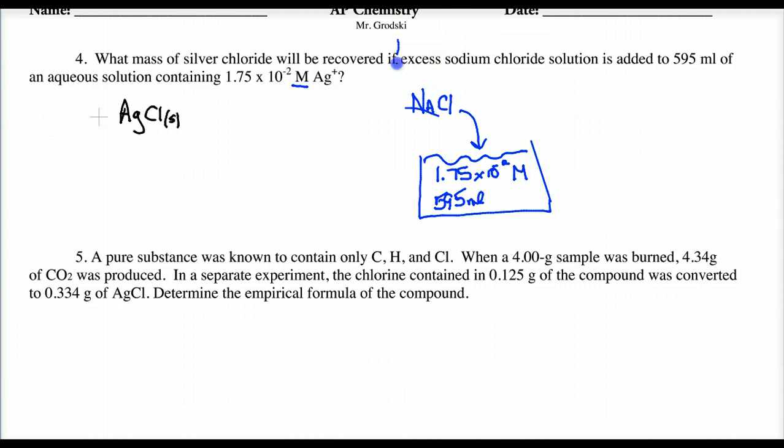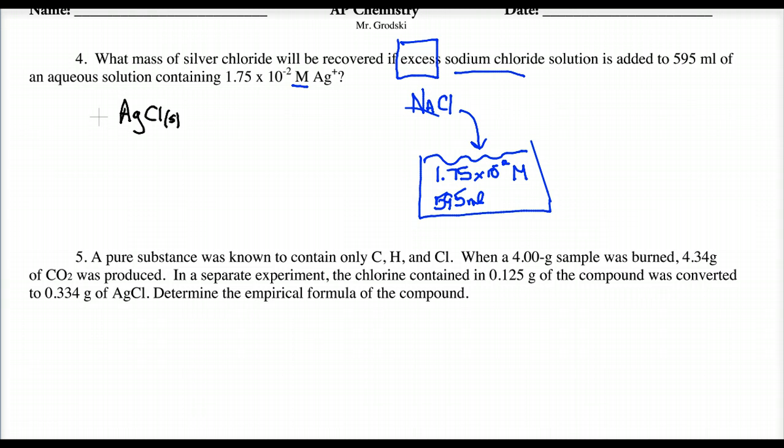Now they said excess, and that's very important you understand this, because if we're not sure of how many, in this case we kind of do, but we're adding enough sodium chloride to make all of the silver chloride precipitate.